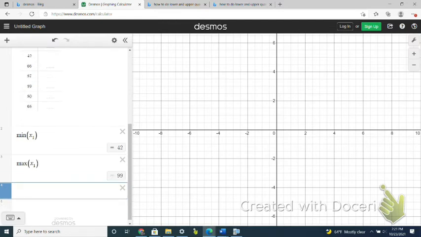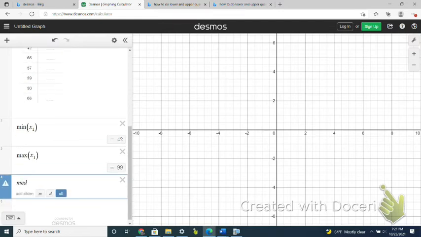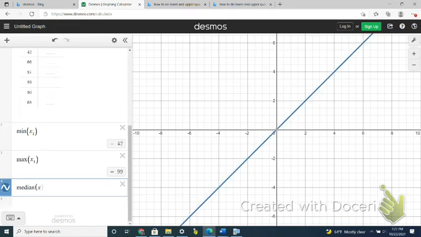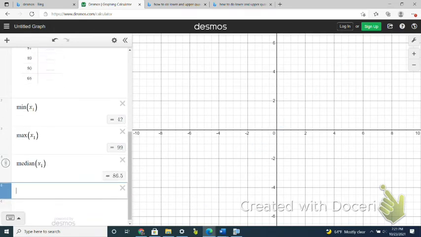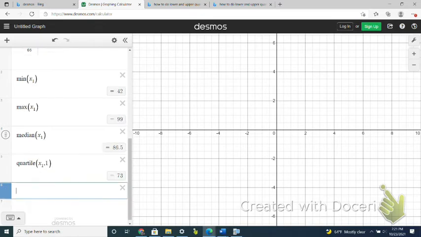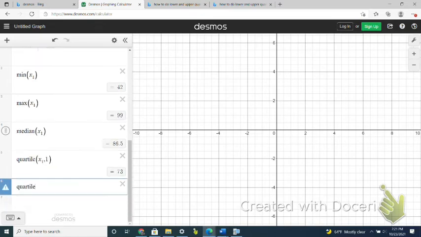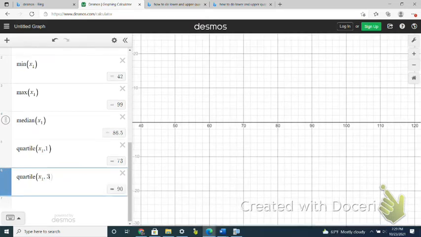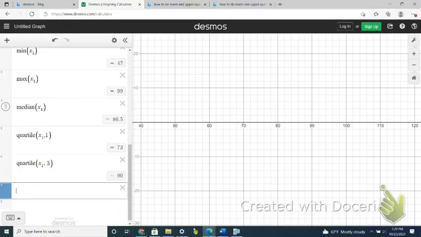To find your median, just type median X1, just like we did before. Okay. To find your quartiles, you're going to type the word quartile. You're going to then type your list, so in this case X1, and then which quartile you want. I want quartile 1, and I want quartile 3 for X1. So quartile 3, hit enter.